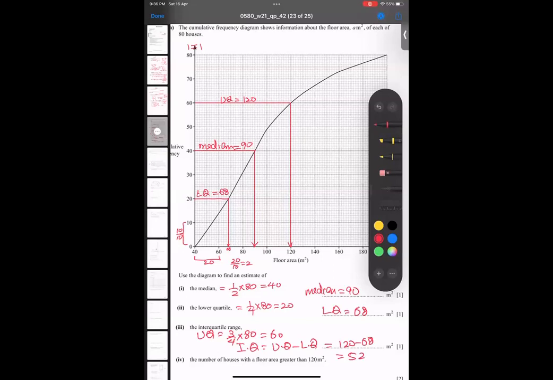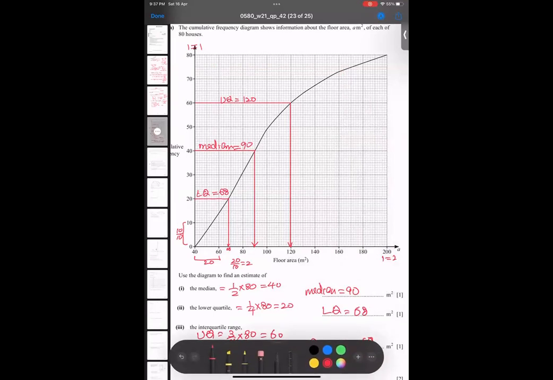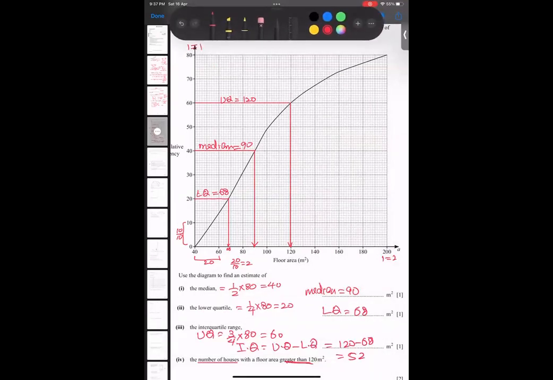Let's talk about the number of houses. Whenever he asks the number of houses, it is always along the y-axis. So I'll start from the x-axis, go to the curve and get the answer from here. But what is the method? Which floor area is greater than 120? So let's see how to get greater than 120. 120 is this, till 200. Going up from 120, this number is 60 that I know, and from 200, I note down 80.